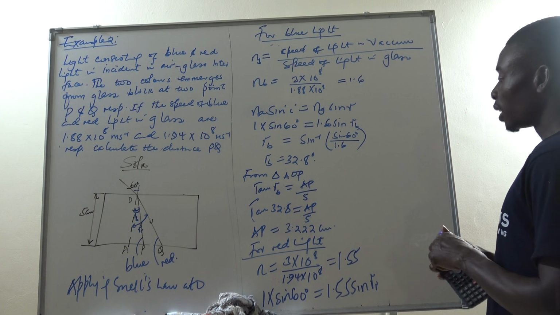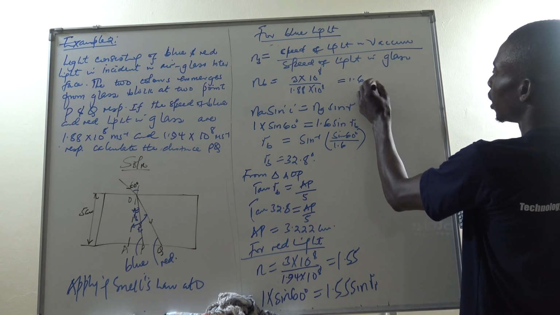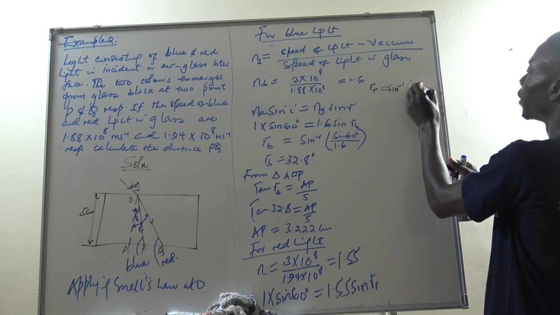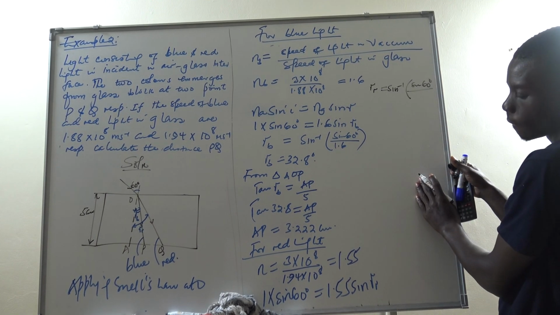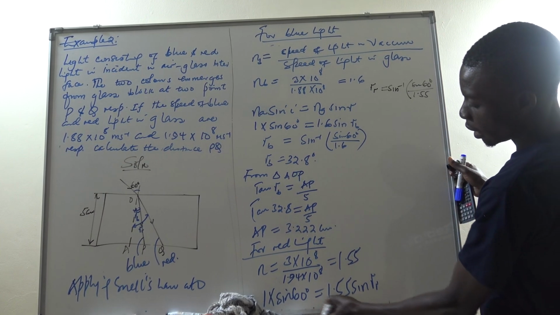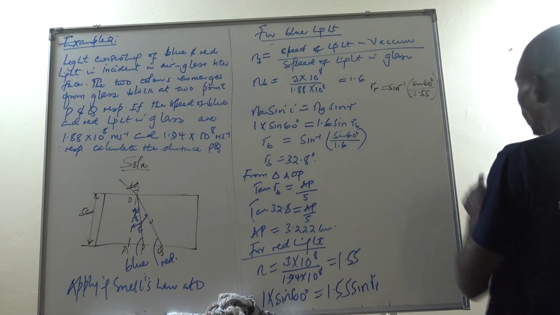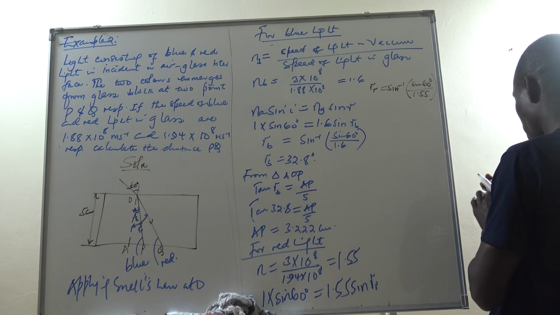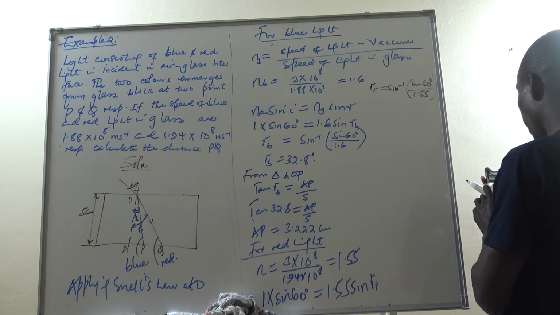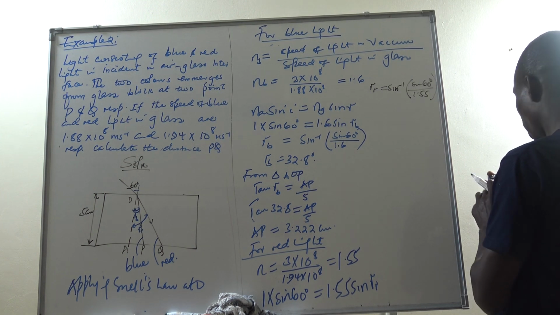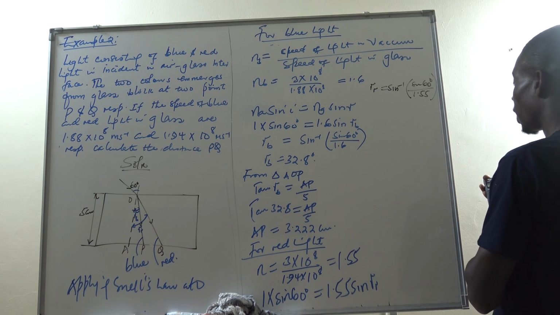So what will be my R? My R is the sine inverse of sine 60 divided by 1.55. So I will say sine 60 divided by 1.55.